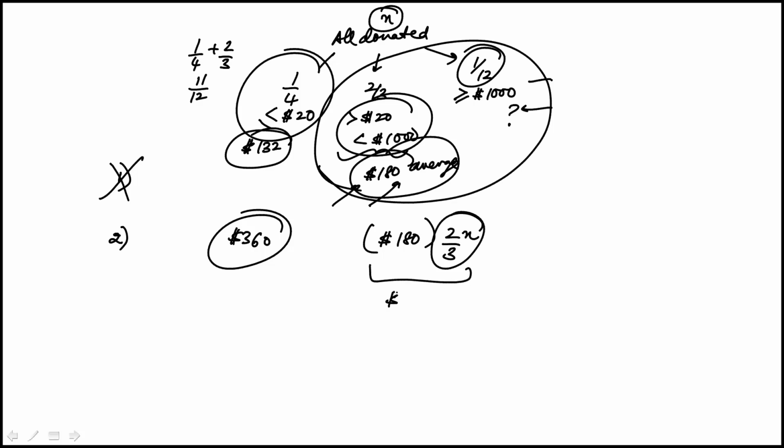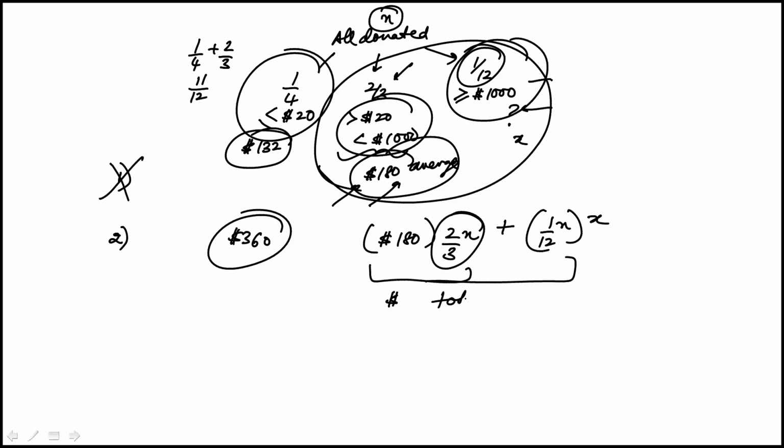That would be the dollar value of donations for this category. I can do the same thing. This would be 1/12 N times whatever the average is. Let's call that X. So if I add those two, this is the total dollars donated by this group.